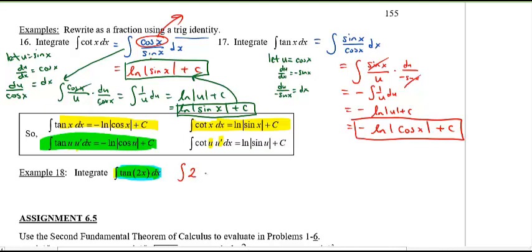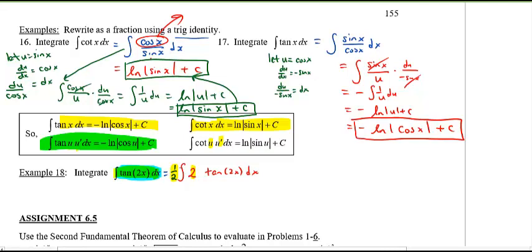Well, the u prime is number 2, but I can't just do that. That changes the question. I have to balance that 2 out by multiplying by a half, because a half times 2 just gives 1. Now it's equal to my original equation.